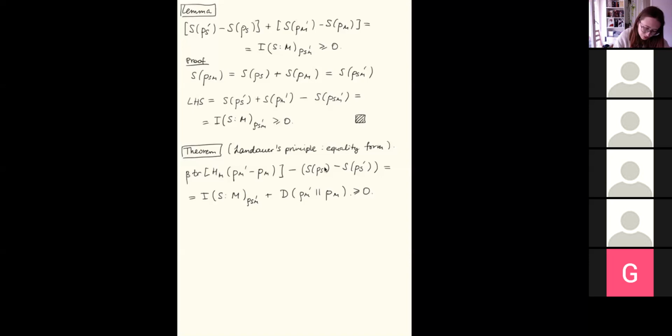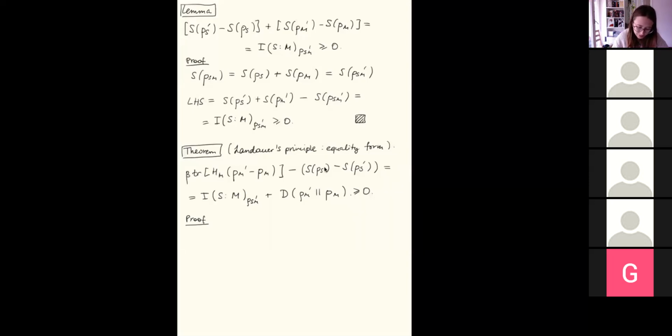Okay, so now let us prove this. This will be pretty easy with the lemma that we just saw. So what does our lemma essentially tell us?